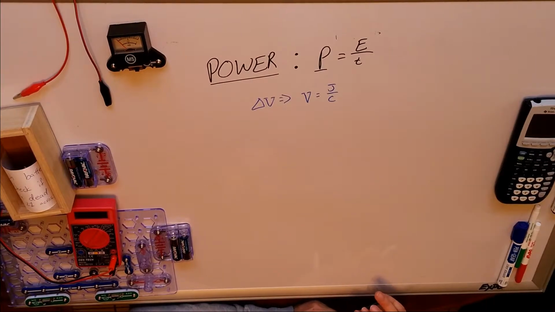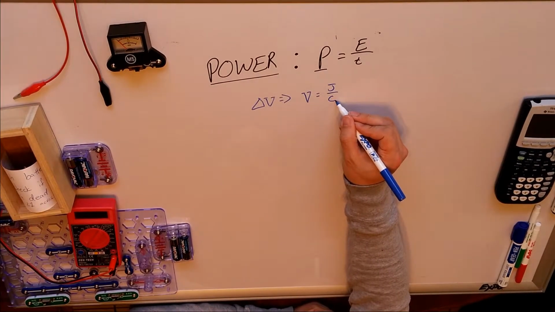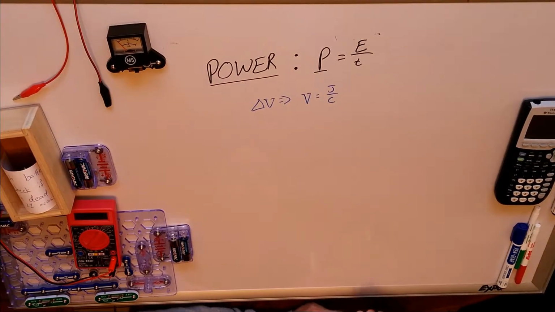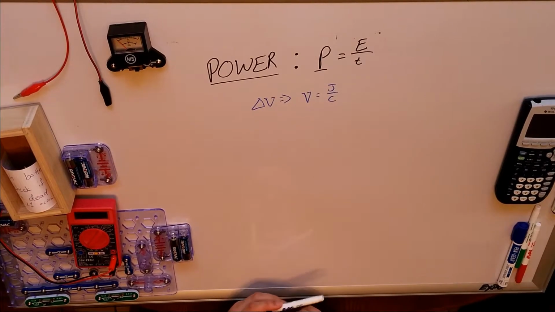It acts a lot like a height, where height gives us some information about gravitational potential energy, but we don't know how much energy we have until we know about the object we're putting there, the mass for gravity, or the charge for electric potentials. But a volt is made up of a joule per coulomb.